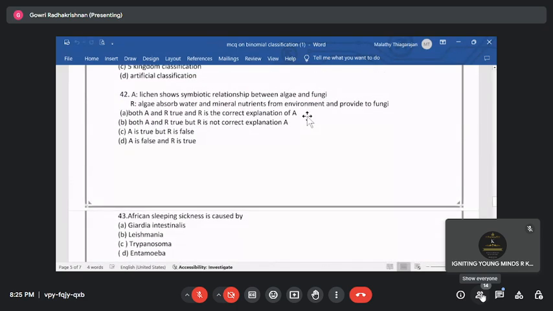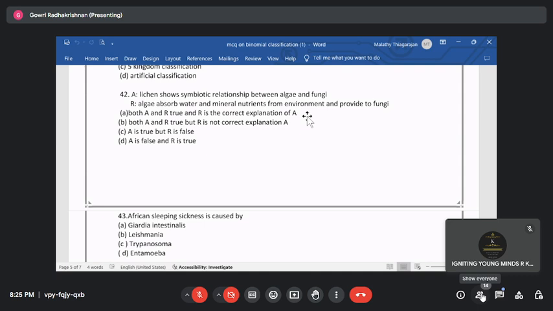The question number 42. A lichen. See, it's like a relation between two statements. This type of question commonly occurs in NEET. So I picked up one like this also. Assertion: lichen shows symbiotic relationship between algae and fungi.